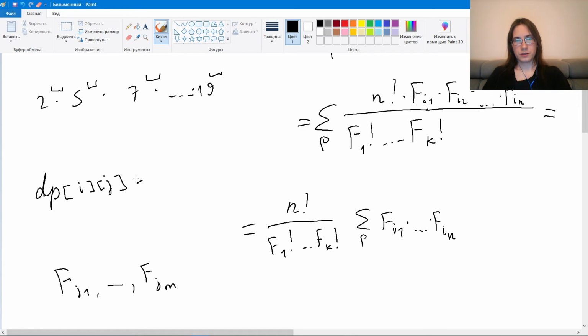dp i j will be equal to the sum of all products of elements of our array for all possible subsets of size j. And the parameter i means that we only want to consider the first i elements of the list, which is a very standard technique.